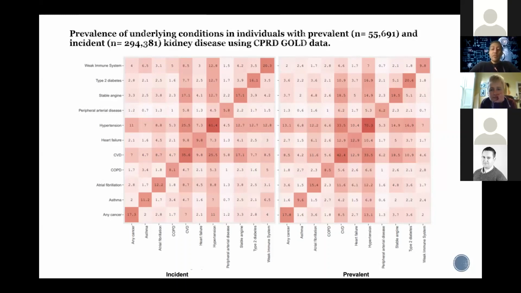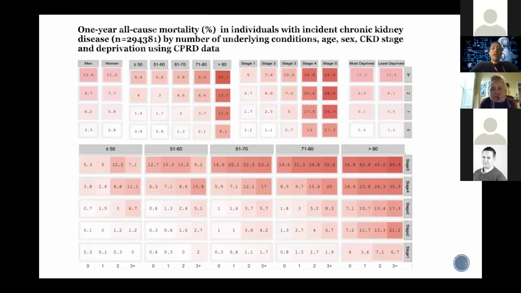Using this information, we've estimated the baseline risk of mortality by key demographic risk factors, and we found that number of comorbidities, age group, and stage of CKD together impact the baseline risk of mortality for CKD patients, and consequently their vulnerability to an infectious disease, in particular pandemic and coronavirus.